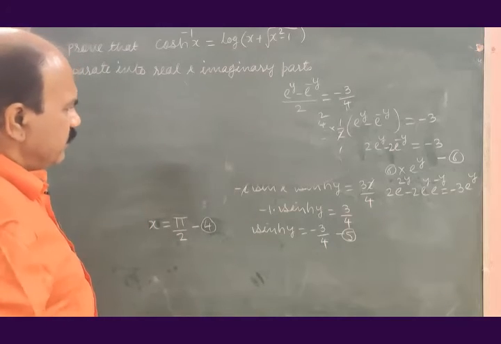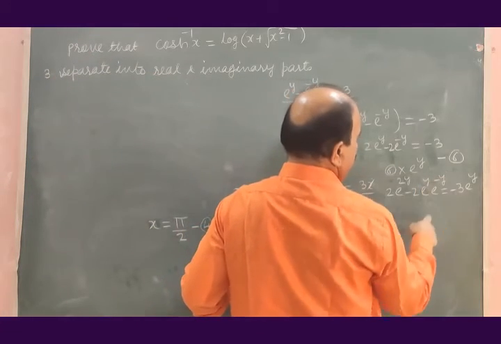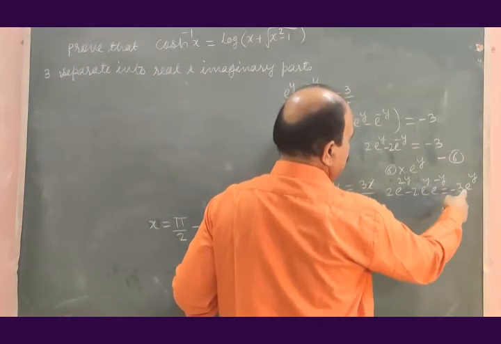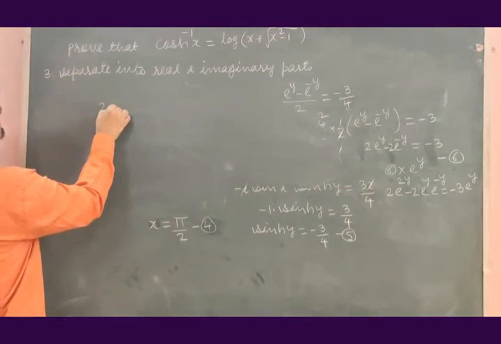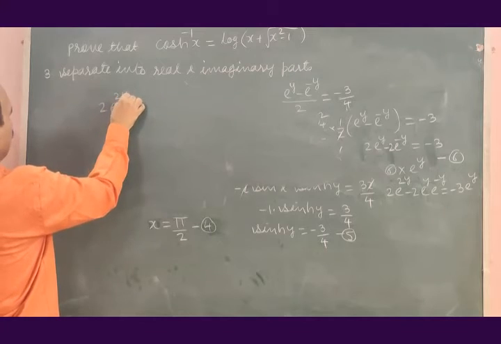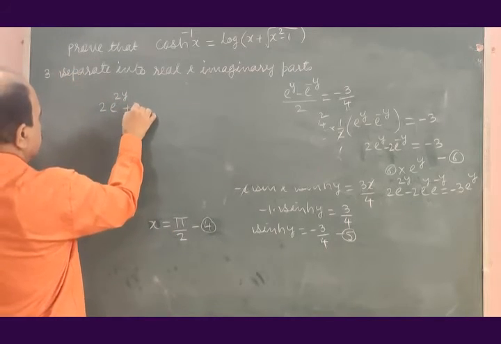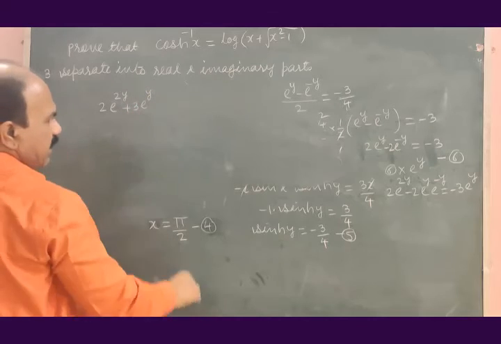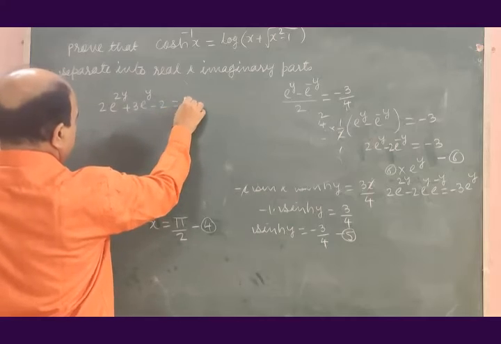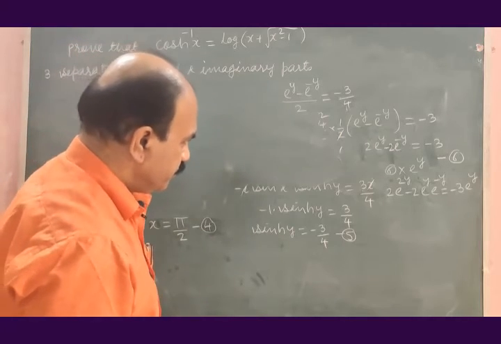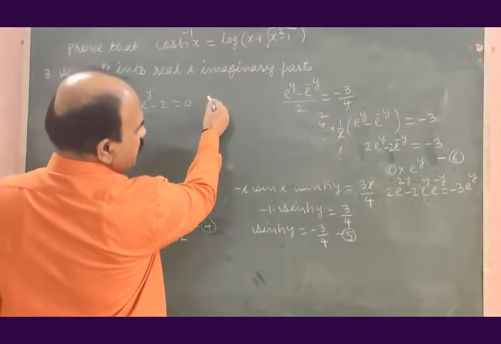This is further, e to the power y, e to the power minus y will become 1. Take this to this side, so it will become 2 e to the power 2y plus 3 e to the power y minus 2 is equal to 0. Equation number 7.